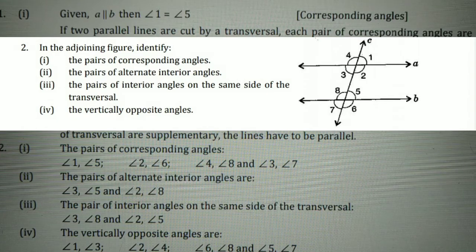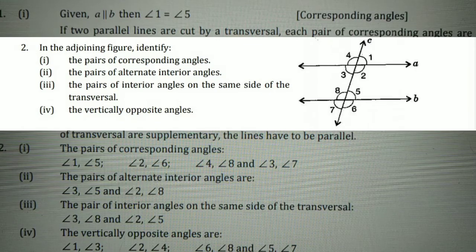Now second question, see the figure. The pairs of corresponding angles: we can write 1 and 5, 2 and 6, 4 and 8, and 3 and 7 are the corresponding angles. The next are the pairs of alternate interior angles: 3 and 5, and 2 and 8.